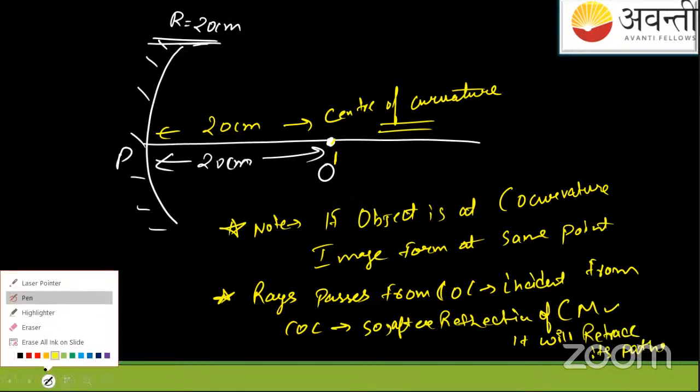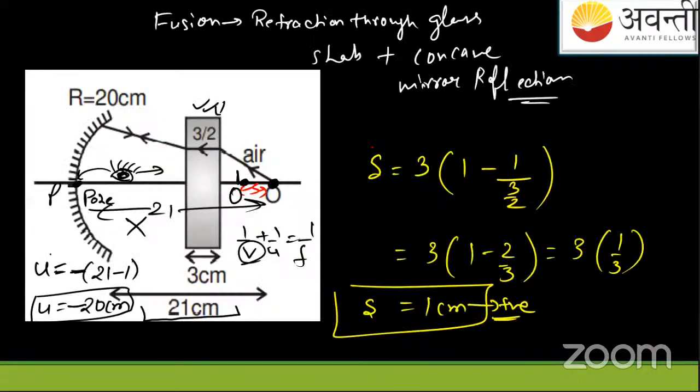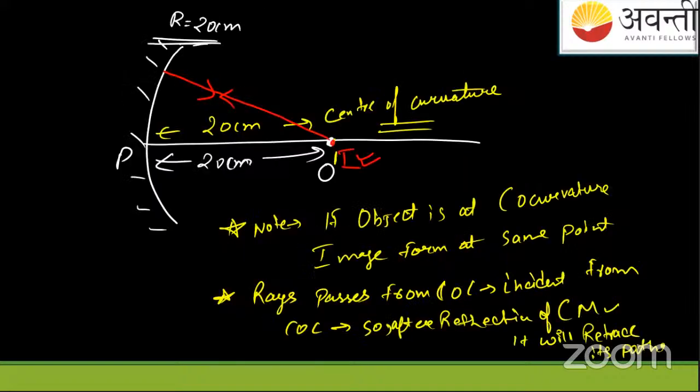Got it? So the rays, after reflection, retrace their path, and the image will form at the same position. The question was where the final image will form. It will form at v equals minus 20 only.